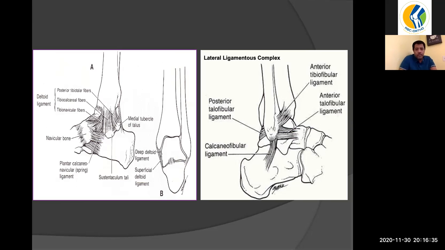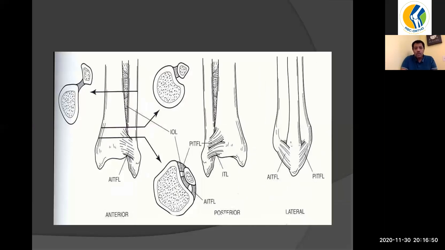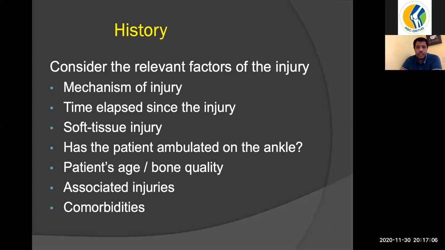Sports medicine specialists usually take care of these structures more than the bony structures, because they are the main stabilizers of the ankle joint. Also, we don't have to forget about the syndesmosis, which is a joint itself and ligaments at the same time, and it is at a different level above the ankle joint.